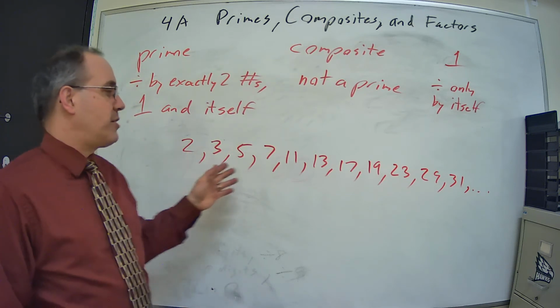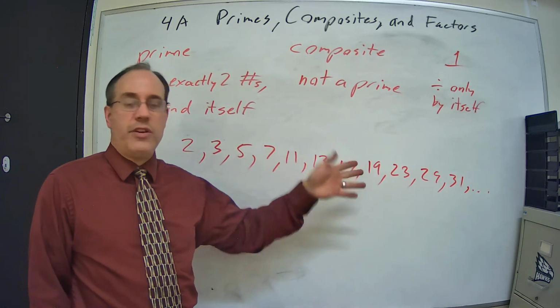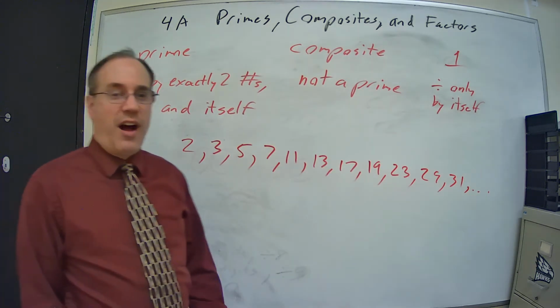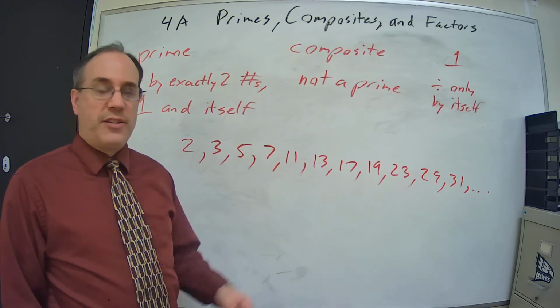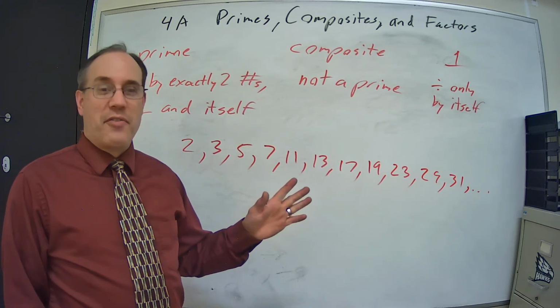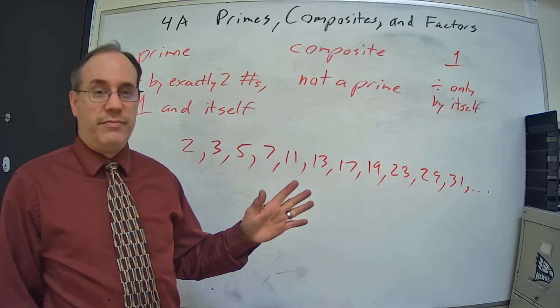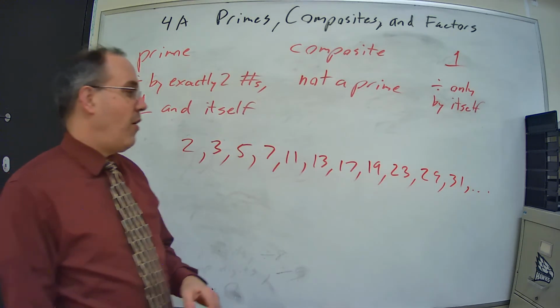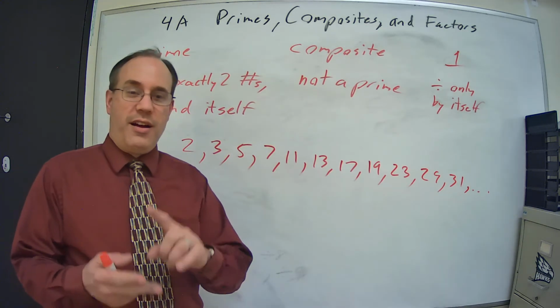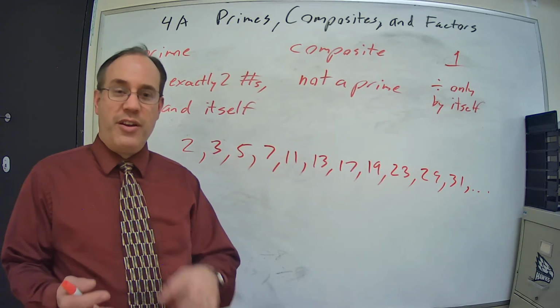They go to the next number, and obviously they skip any even numbers because even numbers are not going to be prime. So they go to the next odd number that does not end in a 5, because numbers ending in a 5 are going to be divisible by 5. So basically all they do is go to the next number that ends in a 1, a 3, a 7, or a 9.